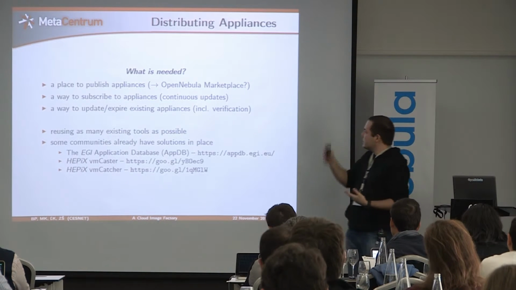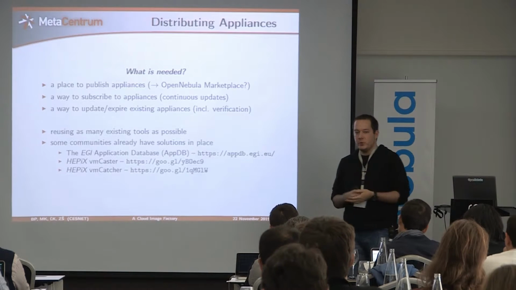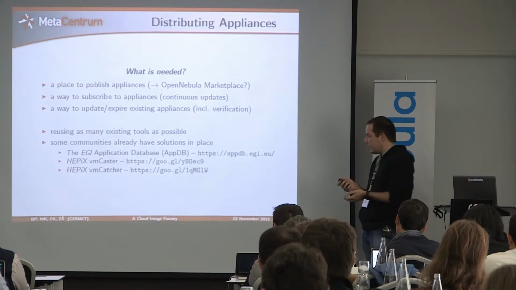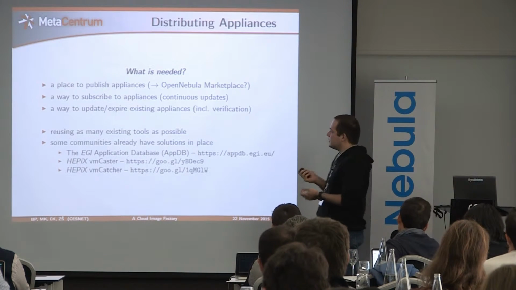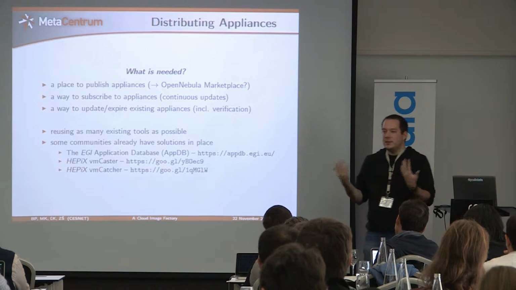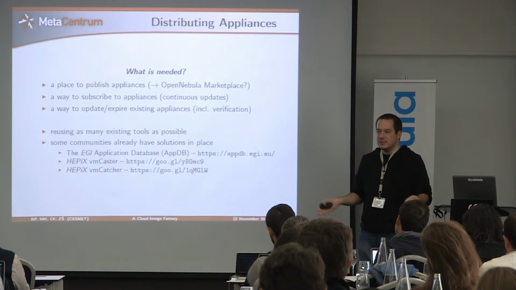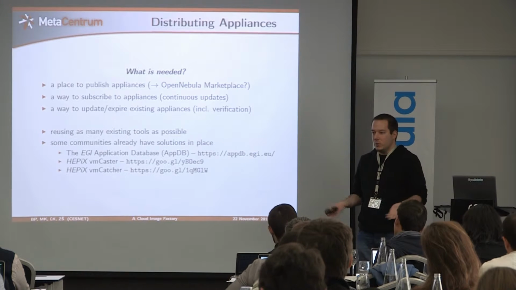So you can use, for example, the OpenNebula Marketplace, because it is a tool for sharing images. But something that's missing is somehow to subscribe or to receive updates, because your base appliance is non-persistent. It is basically read-only for all users.